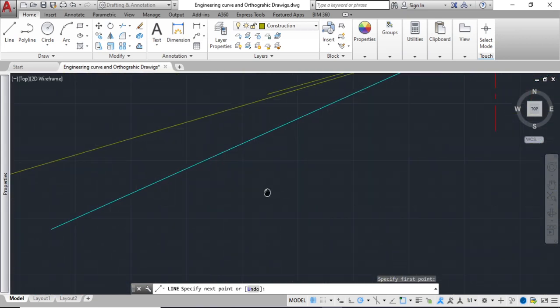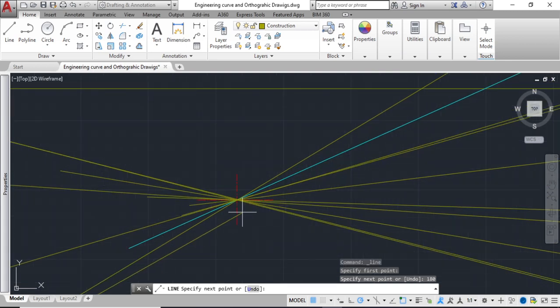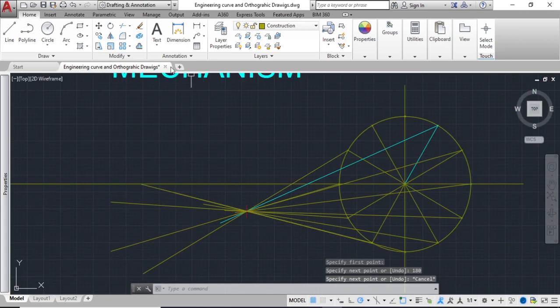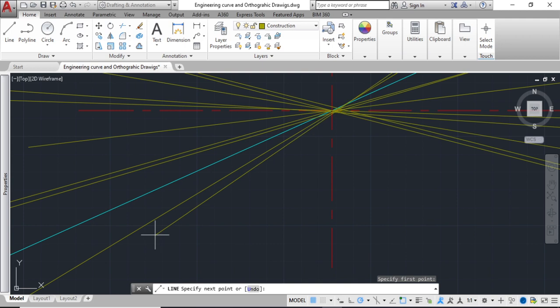Enter. 180. Enter. So 180 to the center. 180. Enter.